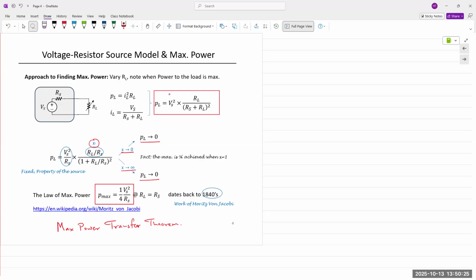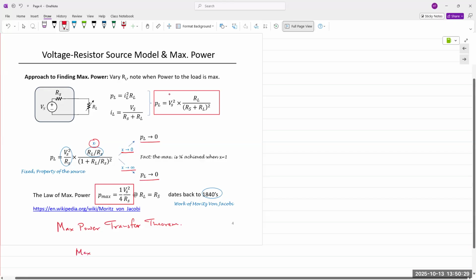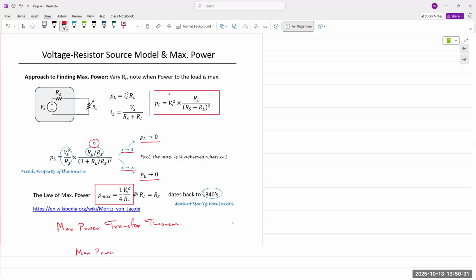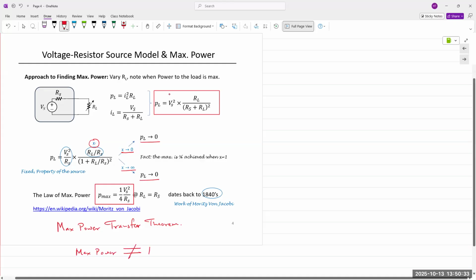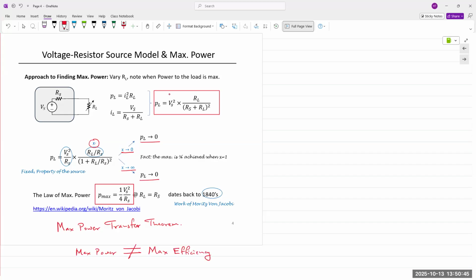Okay, that's another key point to remember. Maximum power does not equal maximum efficiency. At maximum efficiency, only a fraction of the power is transferred from the source to the load.